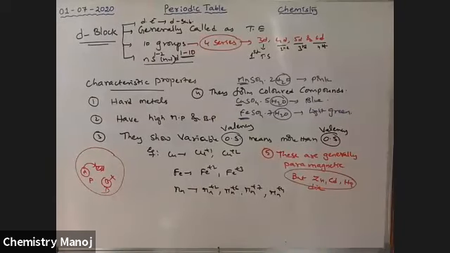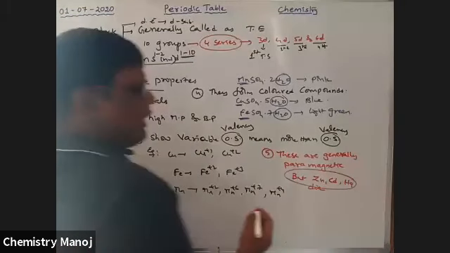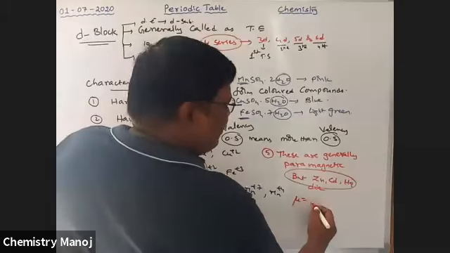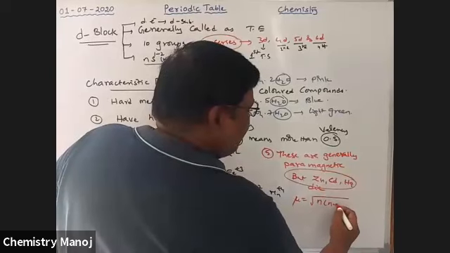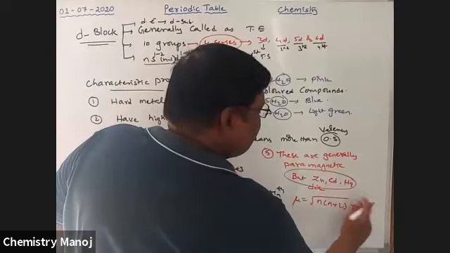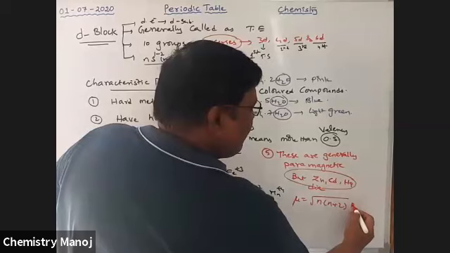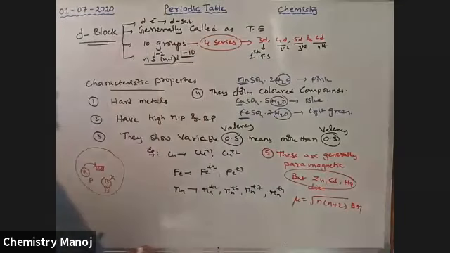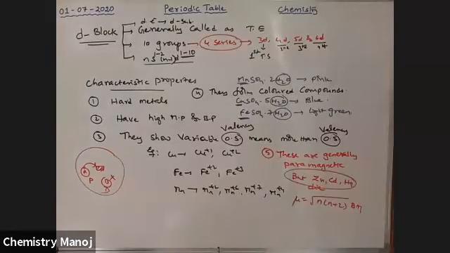Absence of unpaired electrons is a diamagnetic element. The magnetic property of these elements is calculated with the help of mu is equal to under root n into n plus 2 Bohr magneton, BM. The symbol mu is the magnetic moment.